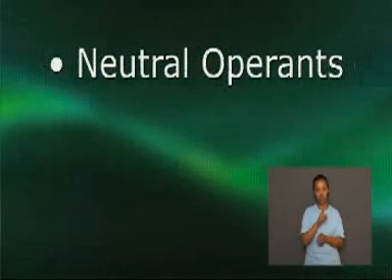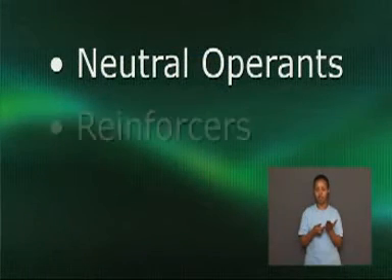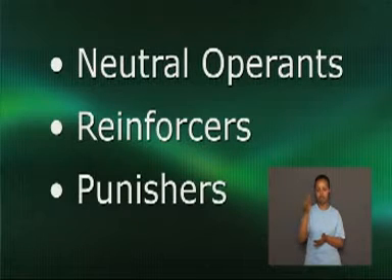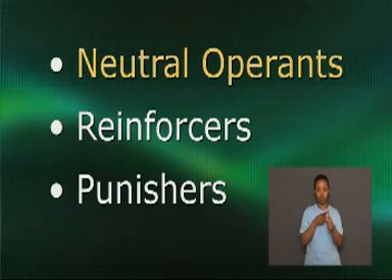Skinner identified 3 types of responses that he called operants that can follow behavior. They are neutral operants, reinforcers, and punishers. Neutral operants are responses from the environment that neither increase nor decrease the probability of a behavior being repeated.